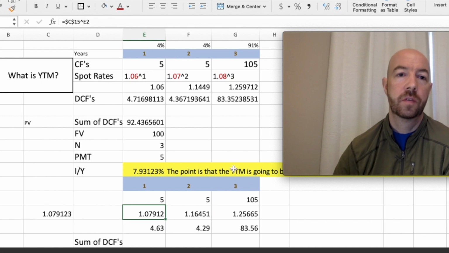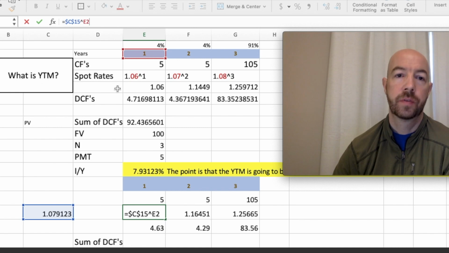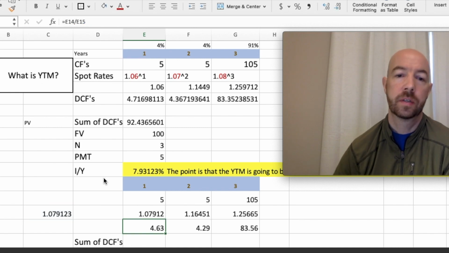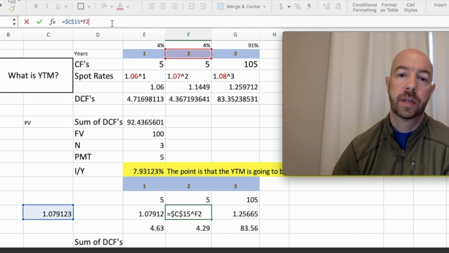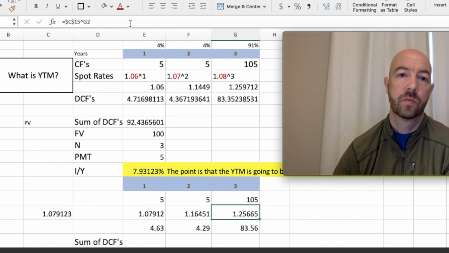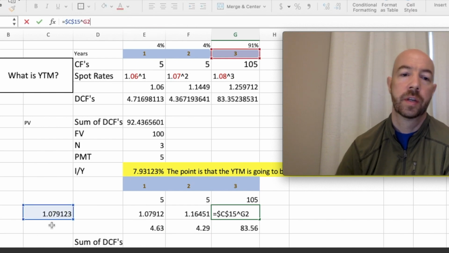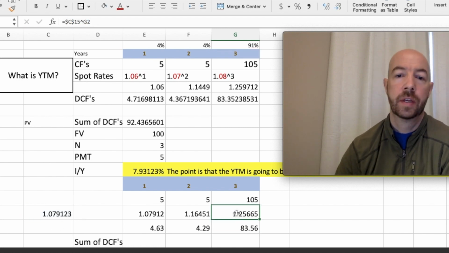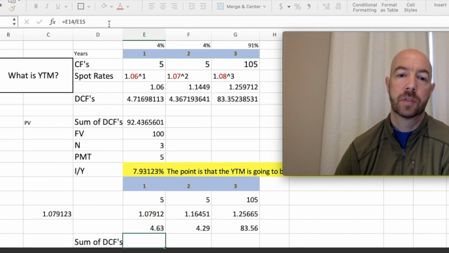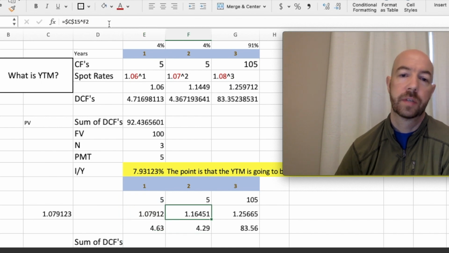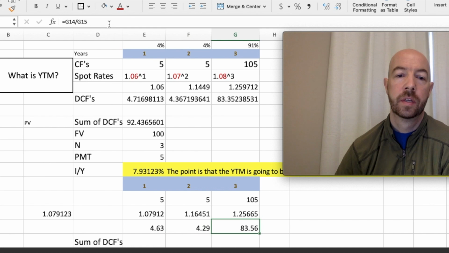And what is this? If you take the discount factor, the yield to maturity that we found, you raise it to the first power, that'd be your first year discount rate. If you square that in the second year and you raise that same number, 1.079123, to the third in the third year, that would be your compounded discount rate for each year. Then you discount each cash flow by its respective discount rate for that period.